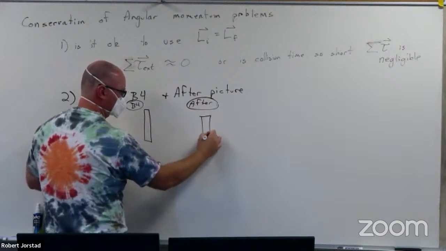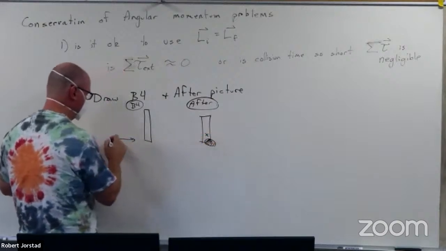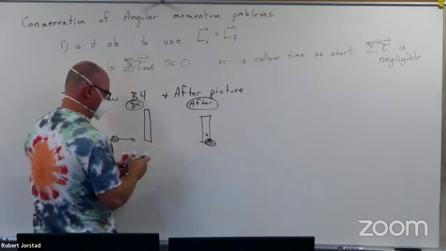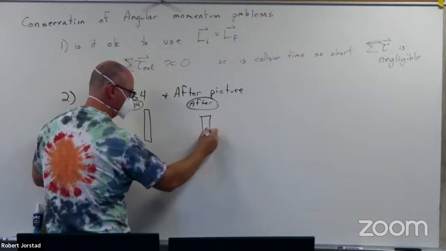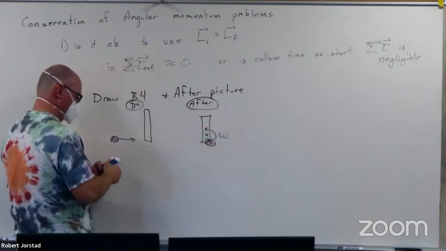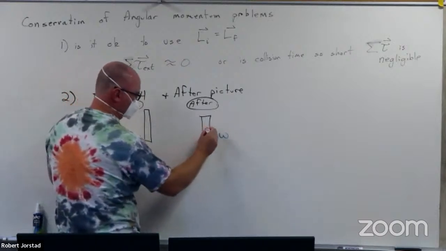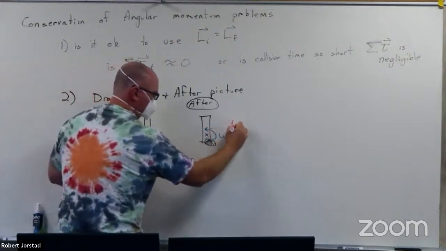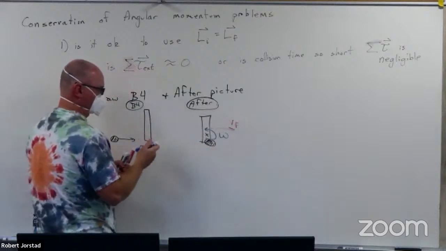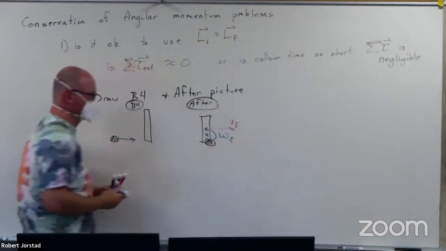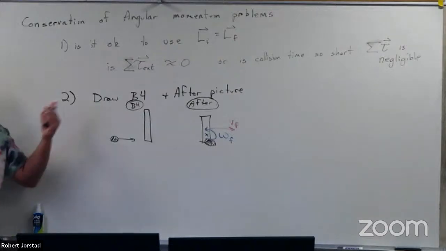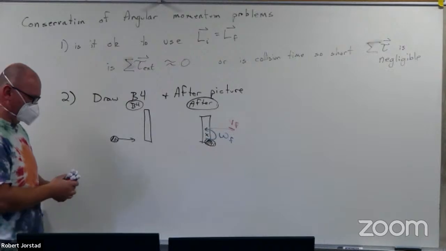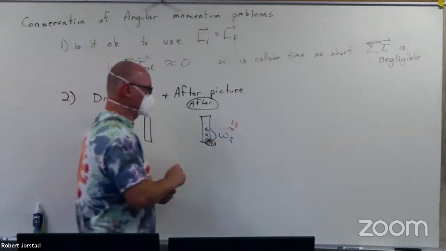When they hit, you draw the center of mass, and it's rotating about the center of mass. So there's an omega, and maybe it's even translating too. So there could be a V final and an omega final. Remember how we drew before and after pictures for chapter 9 problems? Same kind of deal.